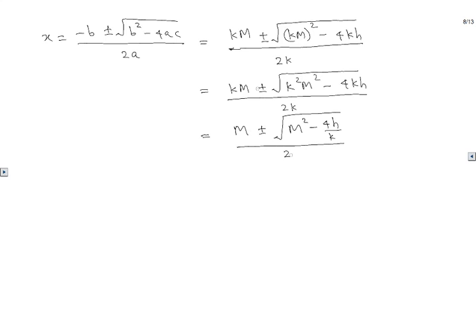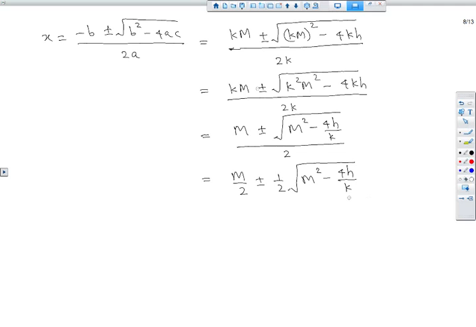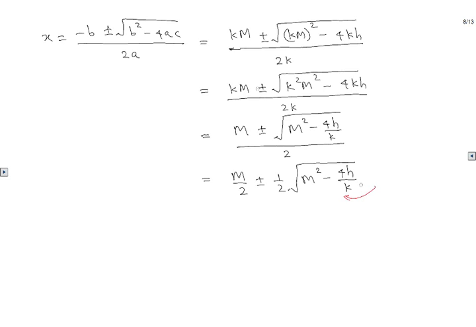You can write this as m over 2 plus or minus 1/2 times the square root of m squared minus 4h over k. That is the discriminant. This whole term is called the discriminant.